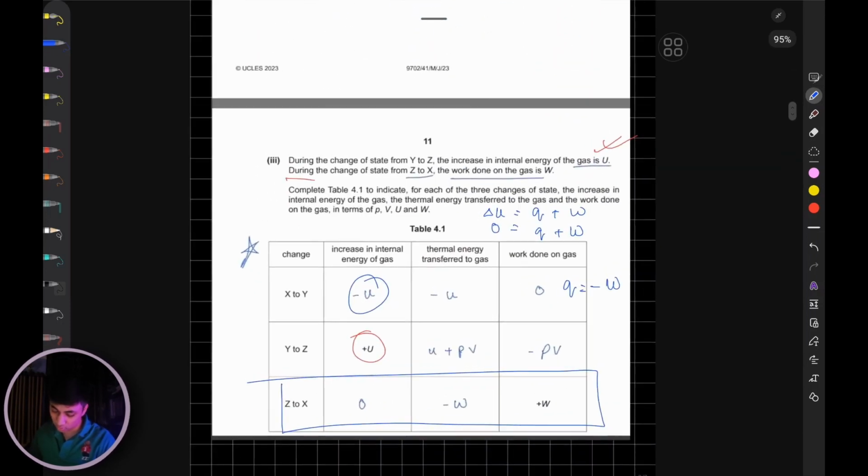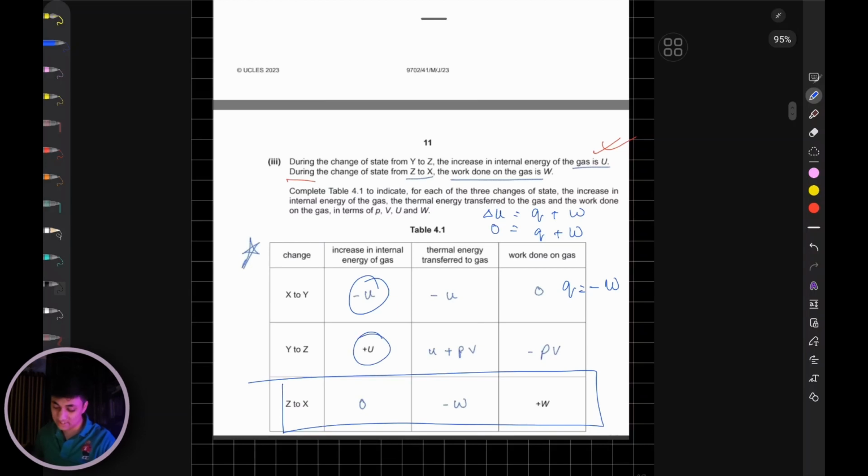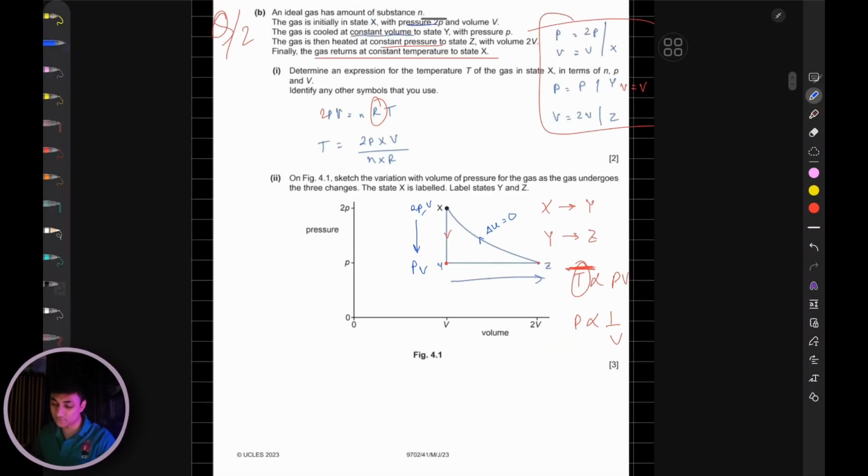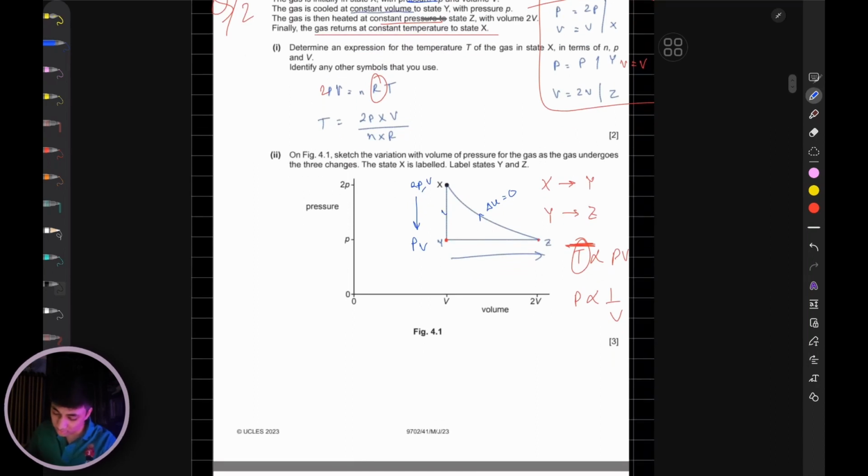However, they've given you one value though. The value is from Y to Z, the change in internal energy is positive U. You don't know what the change in internal energy is over here. What is del U? I don't know. However, one thing I know is from Z to X, the change in internal energy is 0.